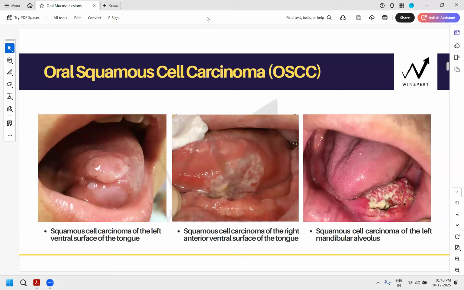And on appearance, you can say on the middle picture and the third one that they are also fixated. And they are also mixed type, red and white mixed lesion, verrucous appearance, right? So now this kind of picture presents to you in exam. Your likely diagnosis is SCC because of the red flags.